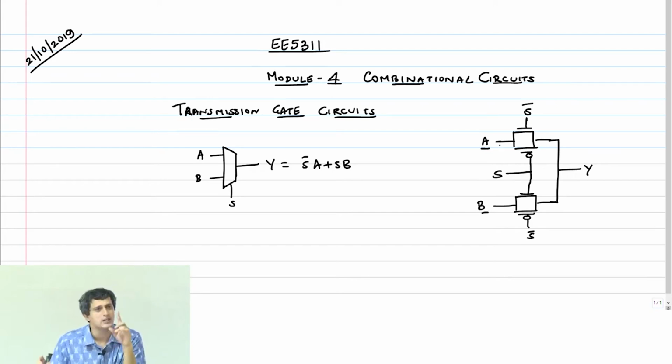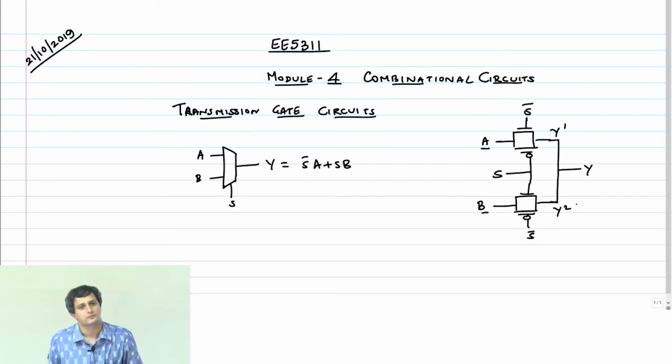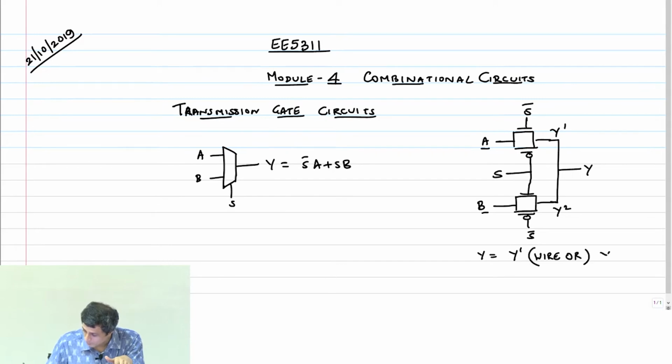I'm driving one end with an input A or B. But if that path is off, that means both the NMOS and PMOS are off, then the outputs, let me say Y1 and Y2, will go into high impedance state in a mutually exclusive manner. And therefore, I can do Y equal to Y1 wired OR Y2.